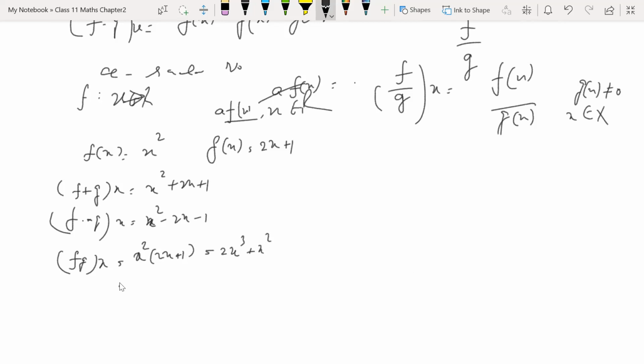And the function f divided by g is x square divided by 2x plus 1.